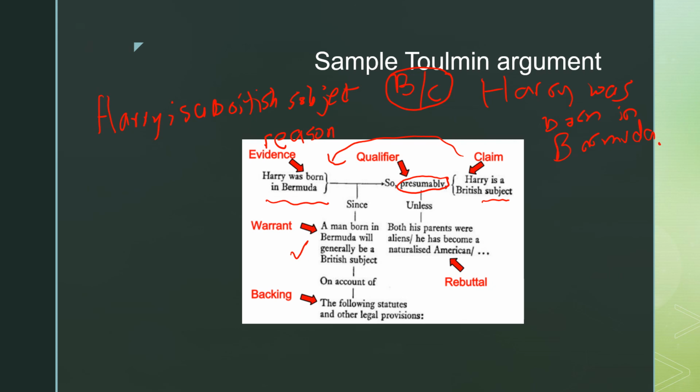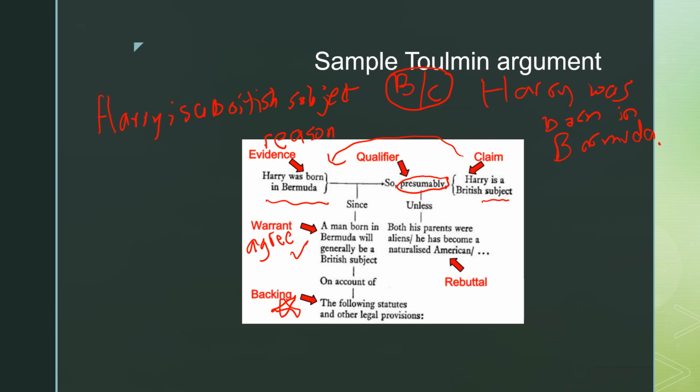And we have to determine if that warrant needs backing. Now, most people will agree to this warrant, okay? If you know geography and you know history and you know your statutes and legal provisions, then you won't have to back the warrant.